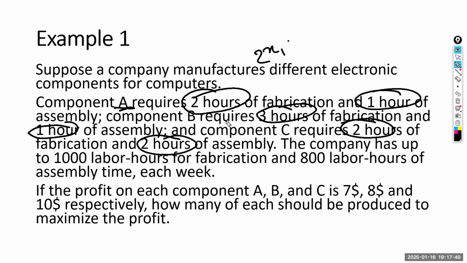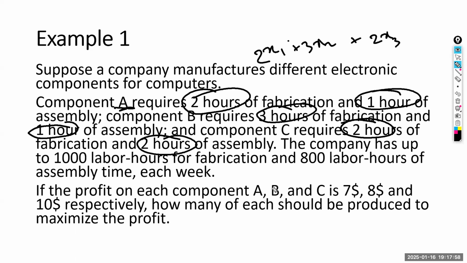For product B, you need 3 hours, 3x2. I'm looking at the fabrication. Then for product C, 2 hours of fabrication, and we are going to have x3 number of those.